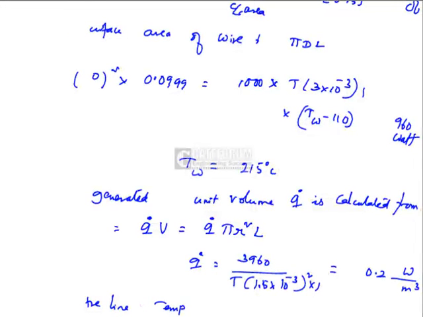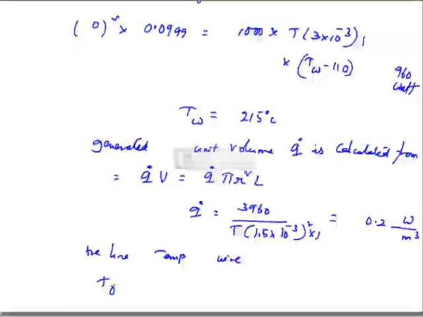Therefore, the centerline temperature of the wire could be calculated as T0 is equal to q dot into R0² by 4k plus TW.